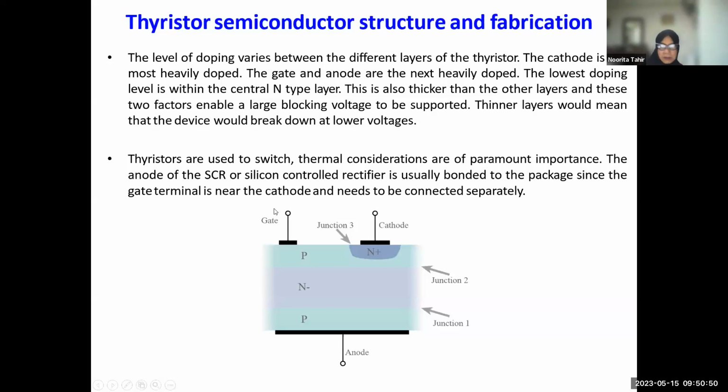The anode of the thyristor is usually bonded to the package, since the gate terminal is near the cathode. Gate is near the cathode, and it needs to be connected separately, because it has 3 terminals. Remember, we have anode, gate, and the cathode.